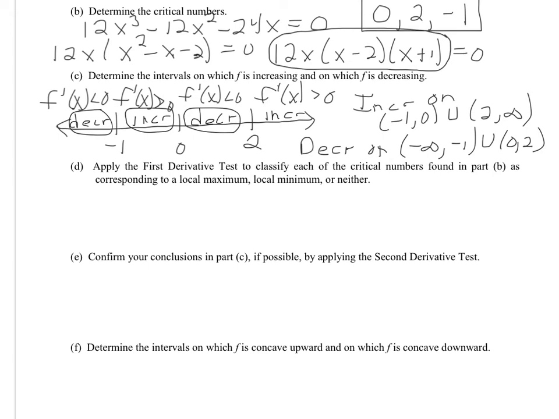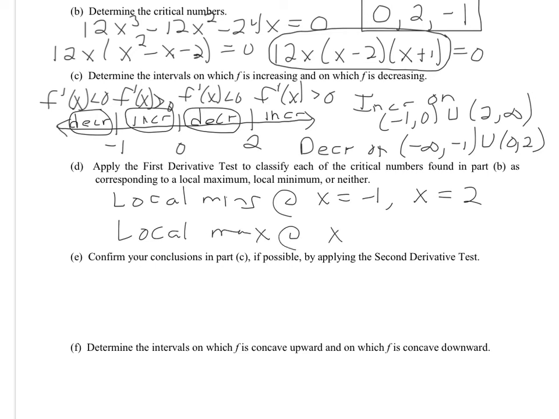So obviously, based on that number line, we've got local mins at x equals negative 1 and x equals 2. And we've got a local max at x equals 0. Okay, part E.